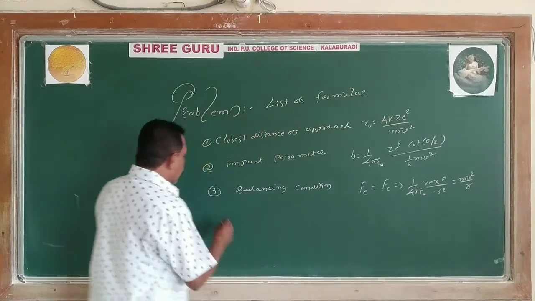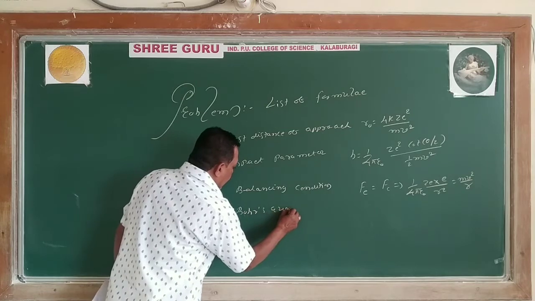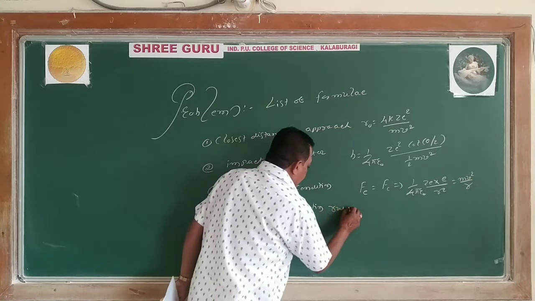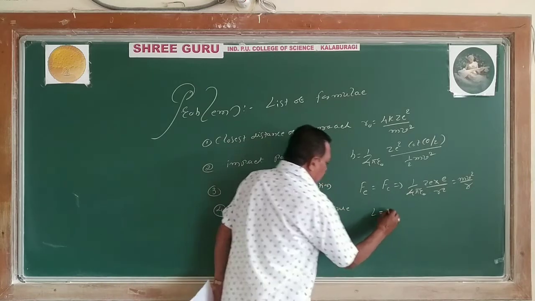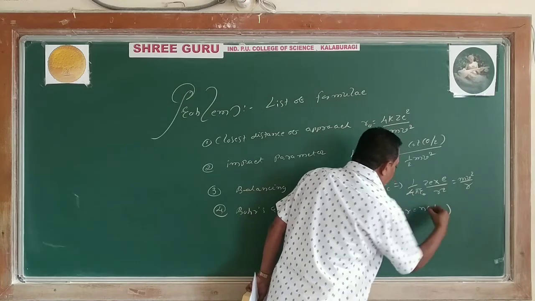Then Bohr's quantization rule: angular momentum mvr is equal to an integral multiple of h divided by 2 pi.